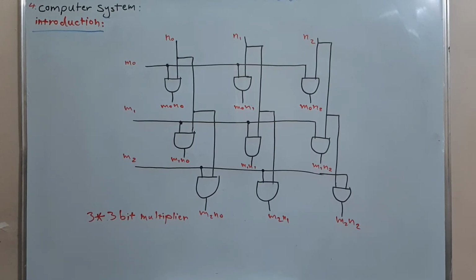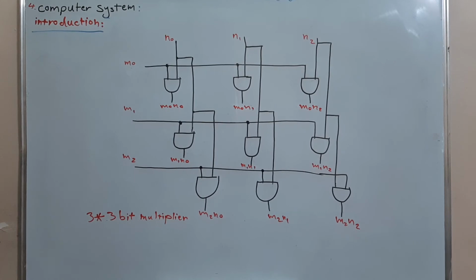The next circuit which is required to build the computer system is called the multiplier. The multiplier is composed basically of a 1-bit multiplier circuit plus another circuit. In this diagram, we will discuss the 1-bit multiplier circuit, and this is a 3 by 3-bit multiplier circuit.